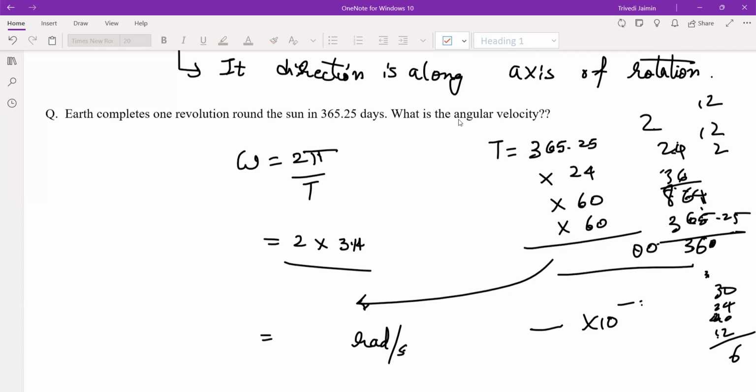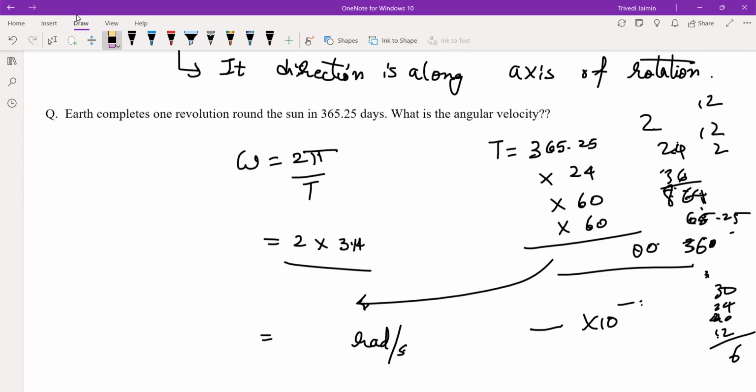The last one. 40, 50. Okay, it's around 3 lakh something. 351360.